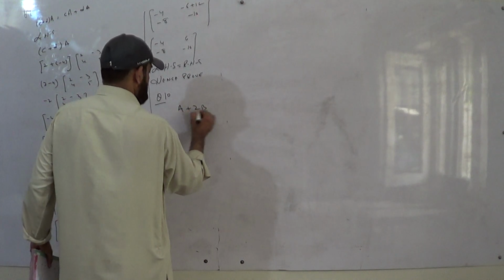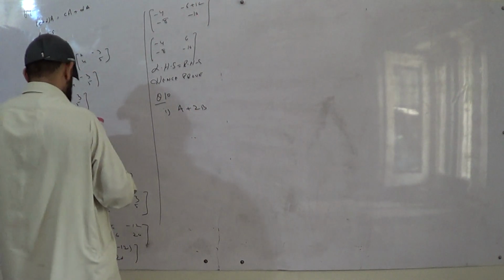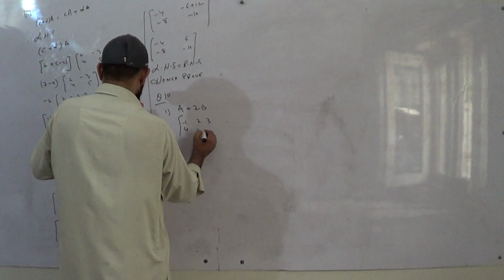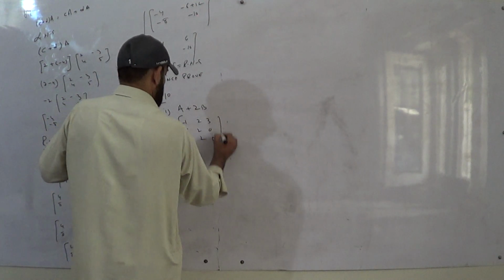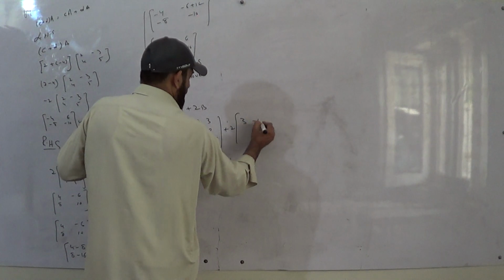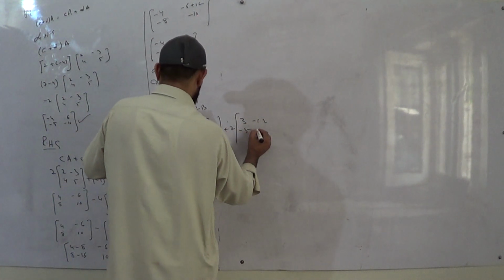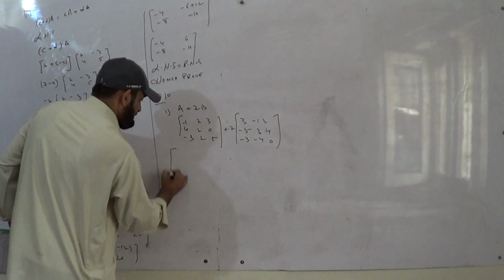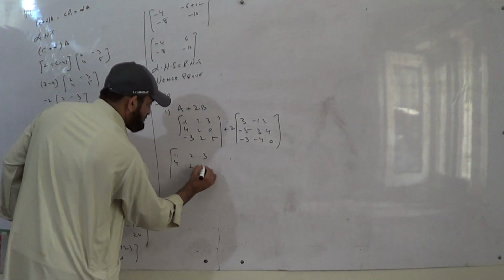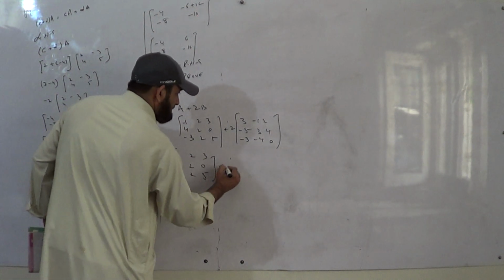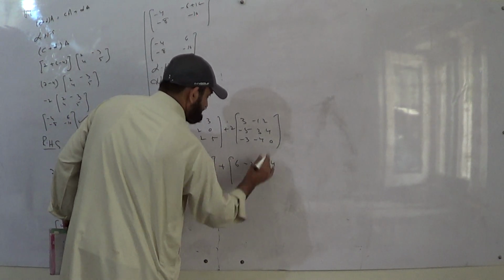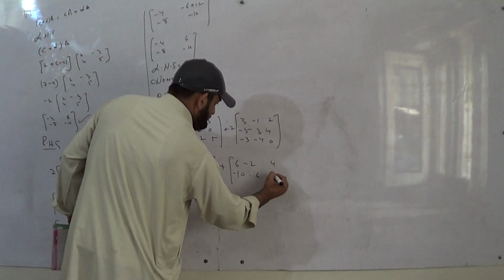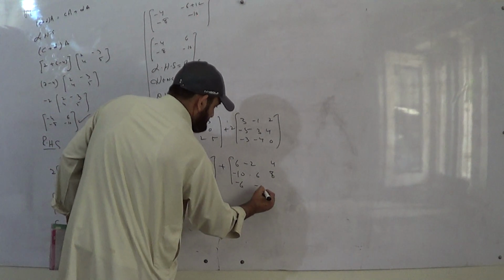A plus 2B. So part 1. Matrix A is [-1 2 3; 4 2 0; -3 2 5], plus 2 times B. Now, A plus the matrix [6 -2 4; -10 -6 6; 8 -6 -8].